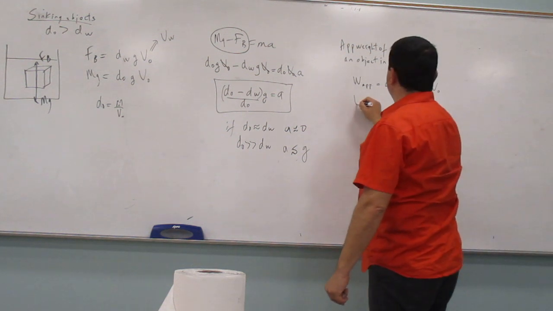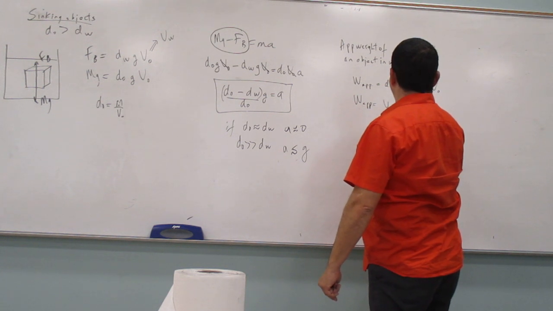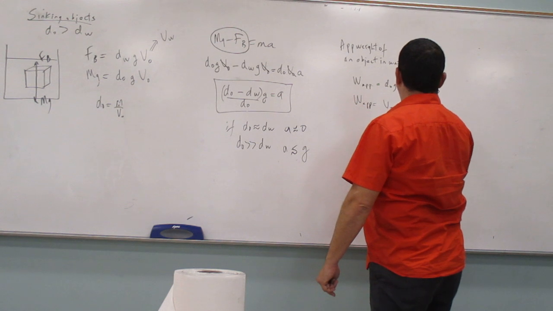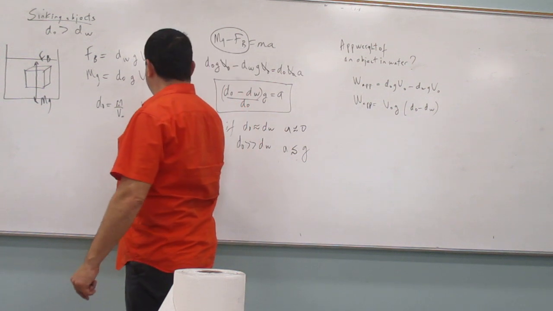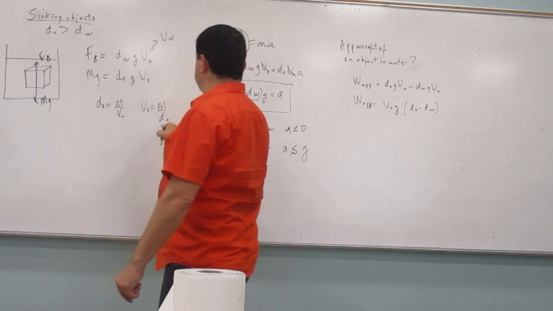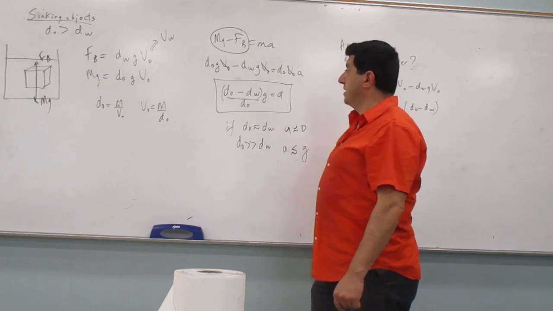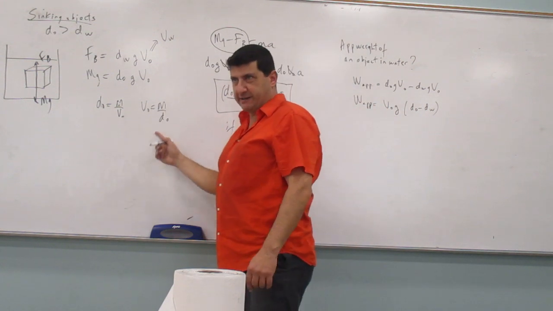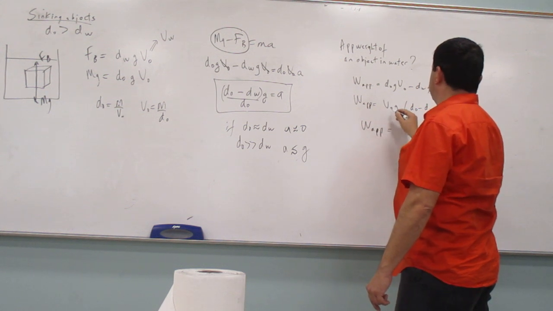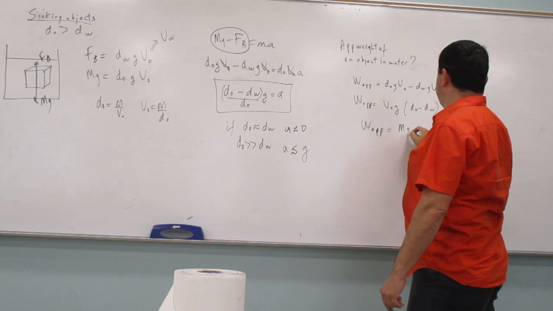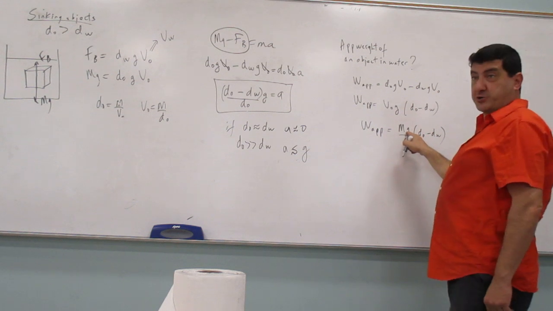We can factor out the VO, factor out the g, and then replace VO by m over dO. So instead of canceling VO, as we did to calculate the acceleration, here I'm replacing it by m over dO. So for the apparent weight, VO is going to be m g over dO, and then mg is your actual weight.